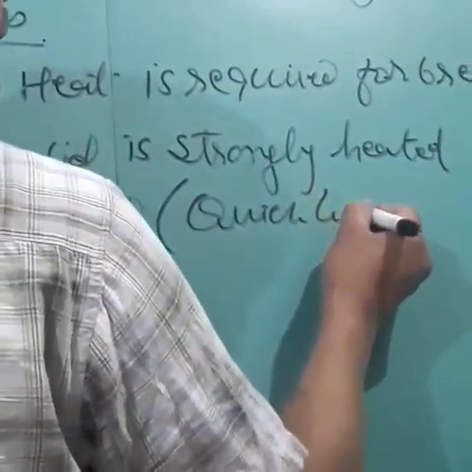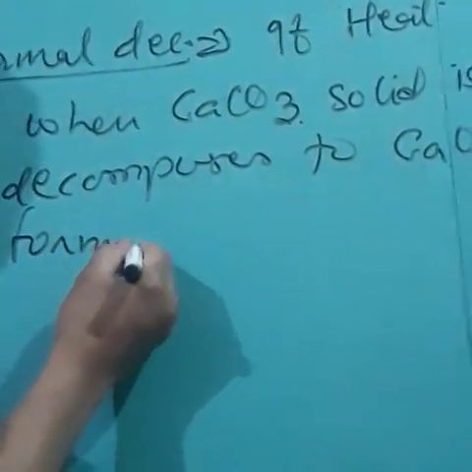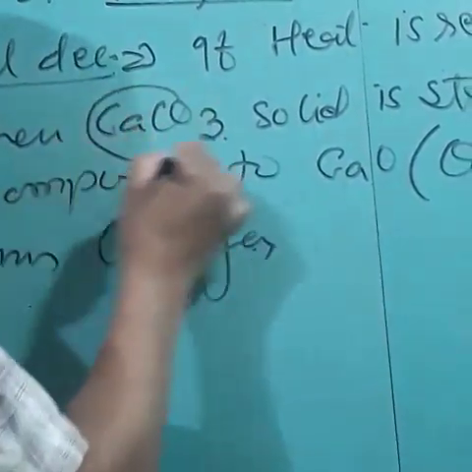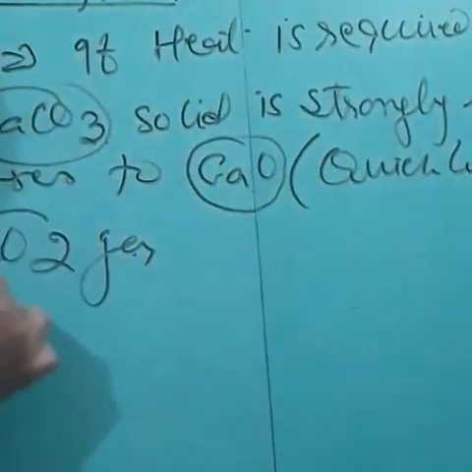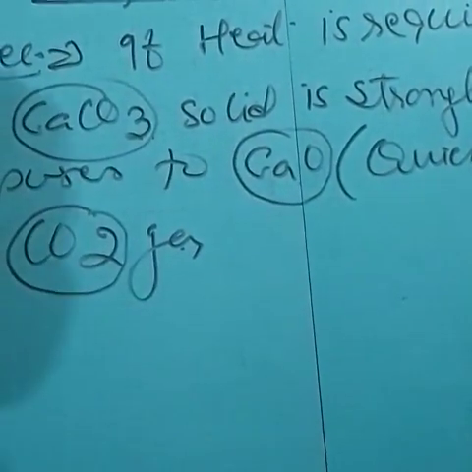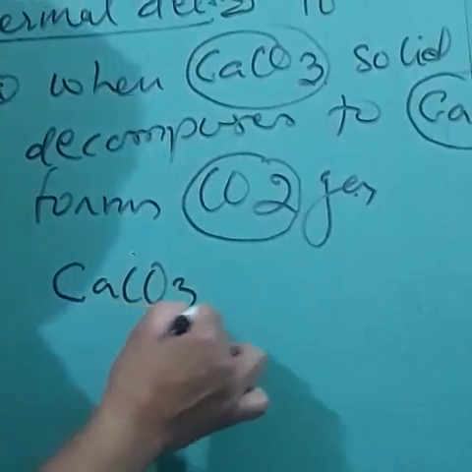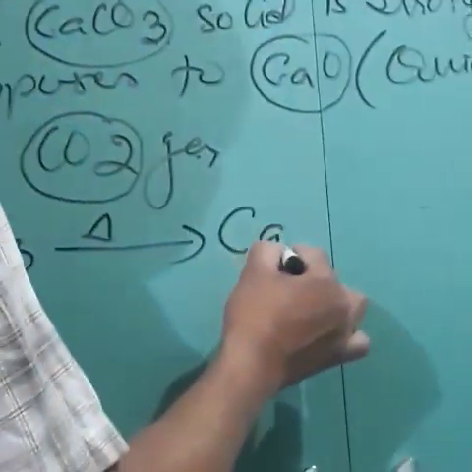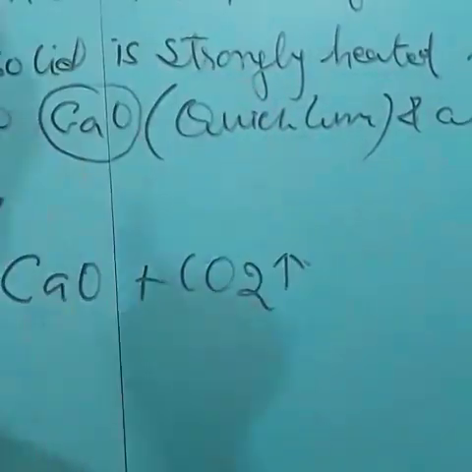Okay, calcium oxide, and also forms what? CO2 gas. So here one substance is getting broken down into calcium oxide and CO2, that is 2 substances. Like here we can write the reaction: CaCO3 when strongly heated, it forms CaO plus CO2 gas released.